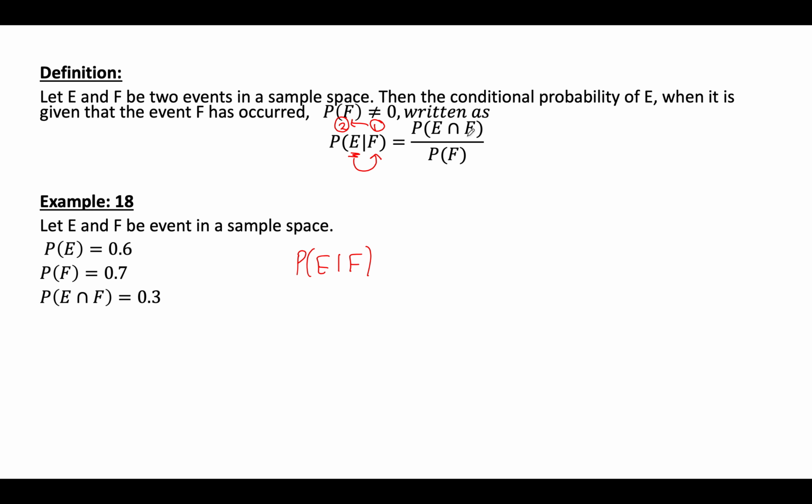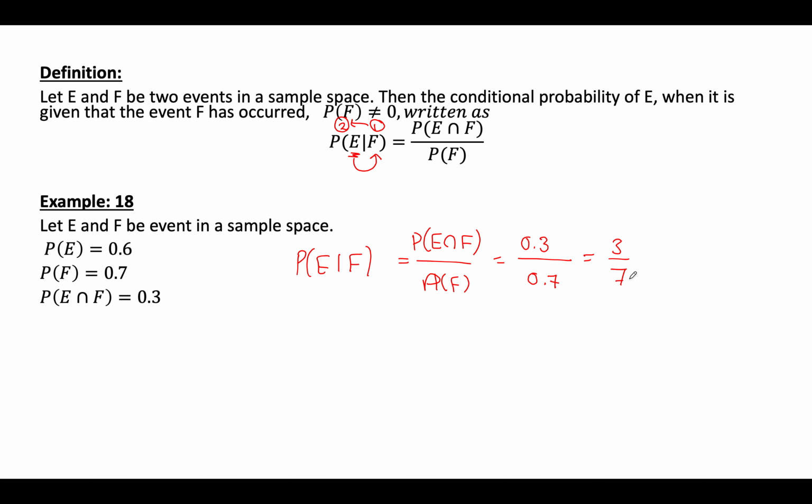So here we got that the probability of E given that F is equal to the probability of E intersect F over the probability of F, which is equal to the intersect 0.3 over F 0.7, which equals 3 over 7.